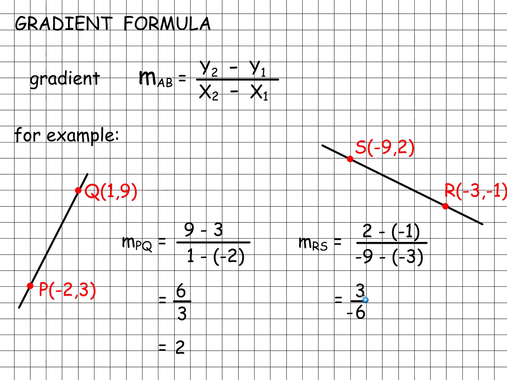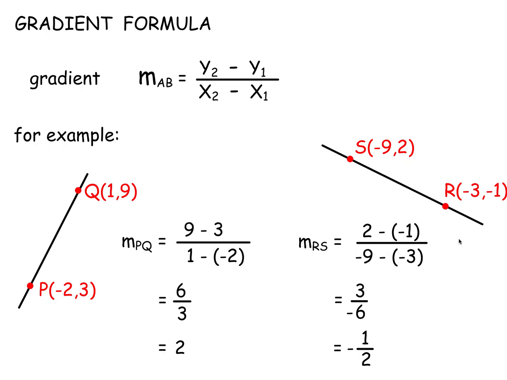So there it is, vertically 3, horizontally -6. 3/6 is a half, but this is a positive over a negative, so it's a negative answer. That's gradient -1/2. If you look at the boxes, there's the 3 boxes vertically, and there's the -6 horizontally.